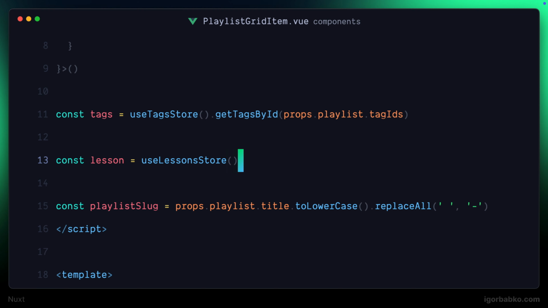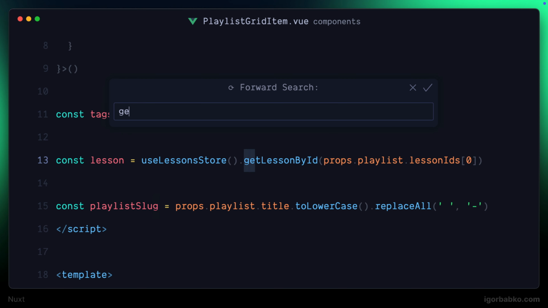And then to fetch a particular lesson by its ID, let's call the getLessonById function and supply this function with a lesson identifier that we can fetch from the lessonIds property of the playlist. We're fetching the first lesson identifier, because every time when we open a particular playlist page, we should always show the first lesson of this playlist.